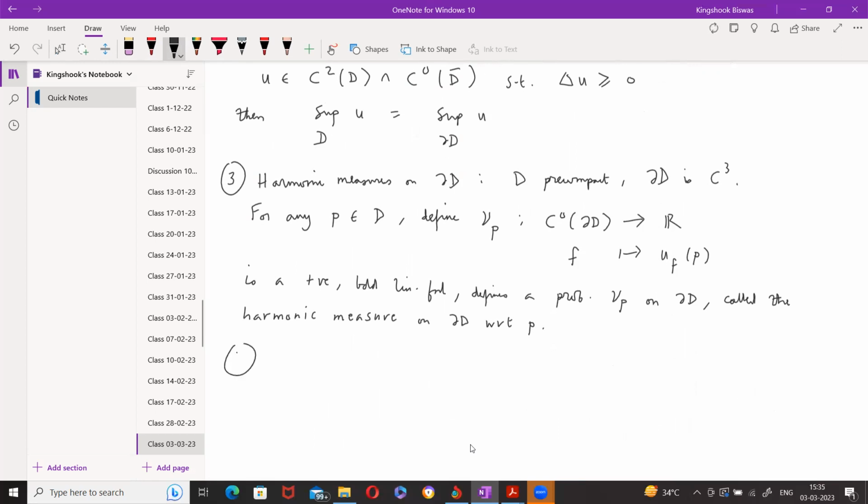The fourth fact is the mean value properties, or maybe say the sub mean value property.